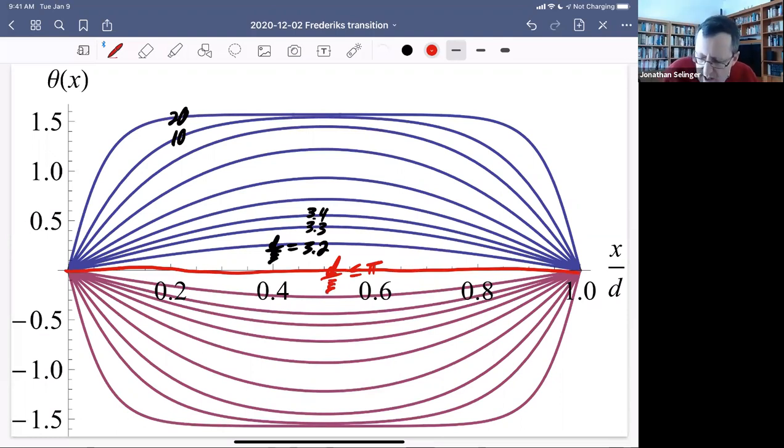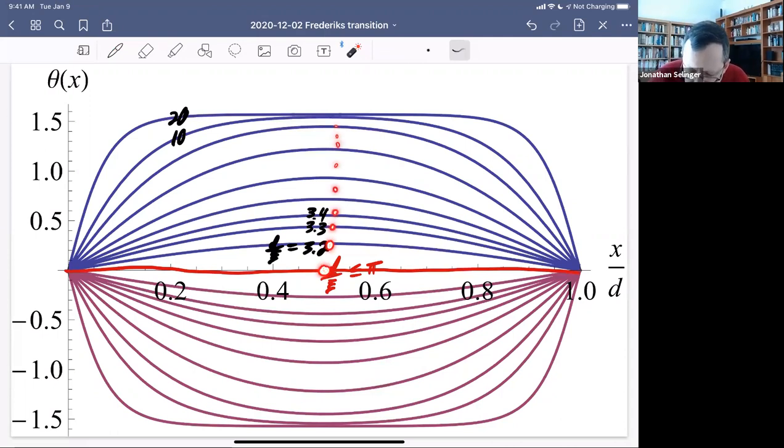Okay. One way to characterize the plots here would be to say, how big is theta in the middle? Right? How big is theta right here, halfway between the two walls? Okay. So here, theta between the two walls is 0. Here it's not 0.